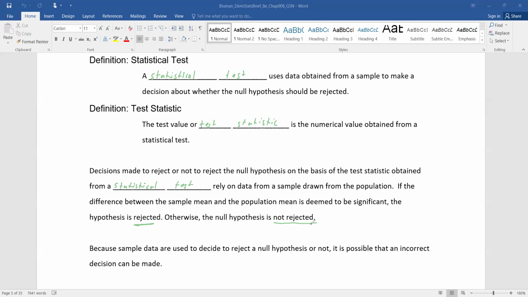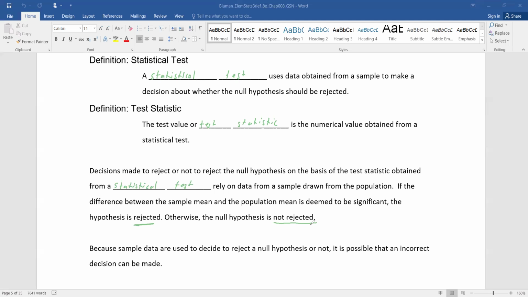We're just saying that the null hypothesis is being rejected. But even if there's not enough evidence to reject the null hypothesis, we simply say we don't reject it. We're not claiming that it's true. There's not enough evidence to say that we can reject it. So again, we never accept anything. We just simply reject or we do not reject.